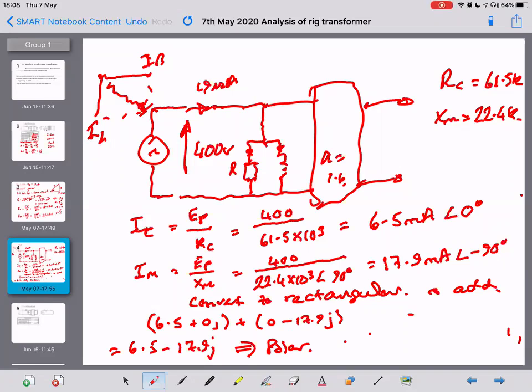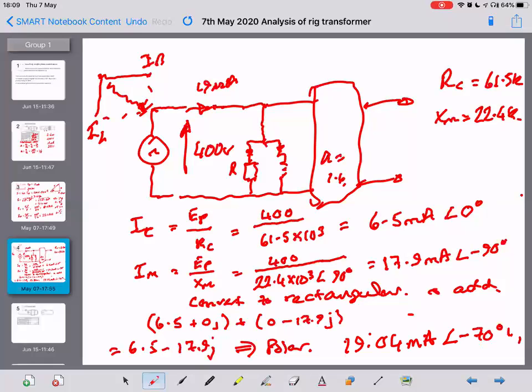Shift, polar, 6.5, shift, comma, 17.9 equals 19.04 milliamps. Angle minus 70 degrees.